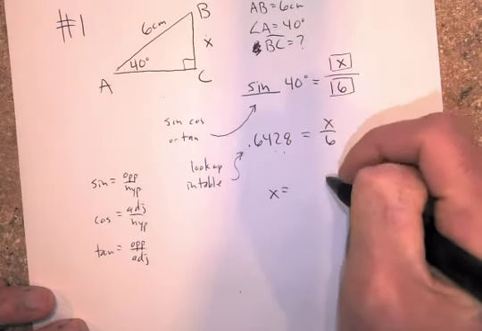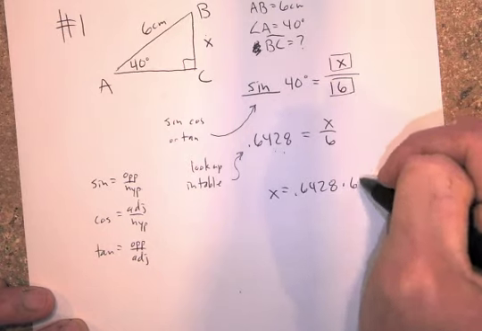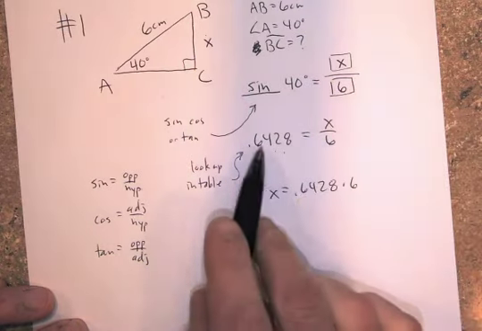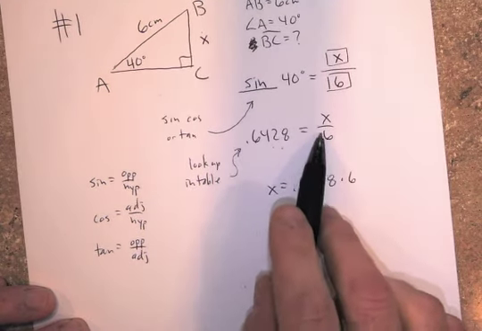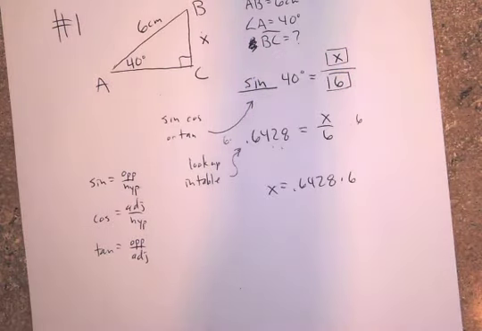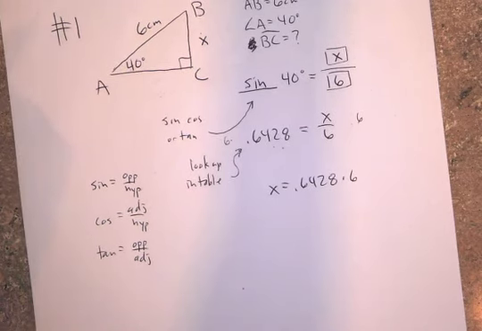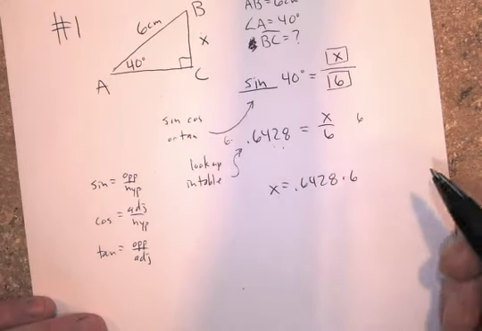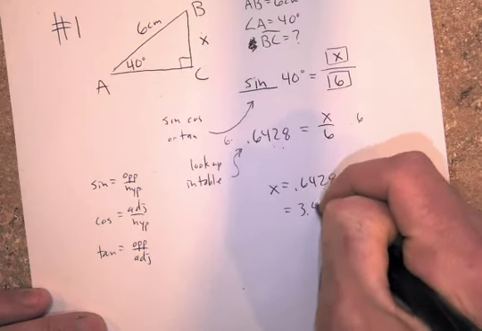So x is going to equal 0.6428 times 6. If I multiply, I'm not going to show that here, I just don't want to make it too messy for the people that see this work, but it's times 6 on each side. Let's multiply that out on the calculator: 0.6428 times 6 is 3.86.